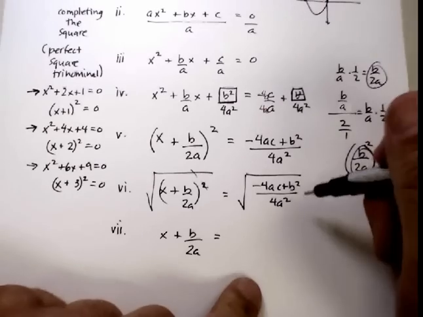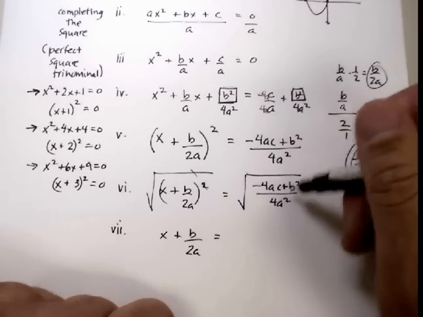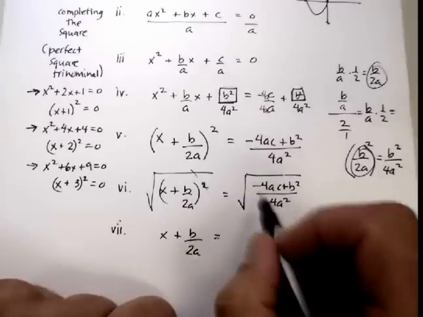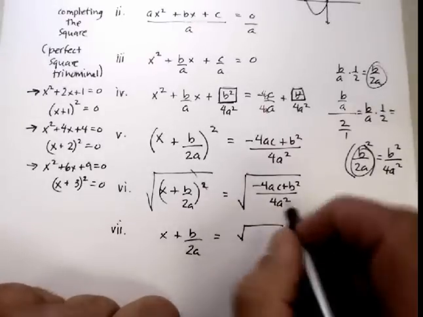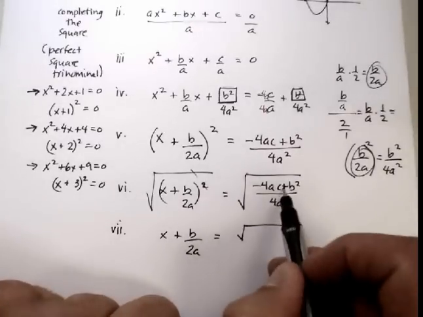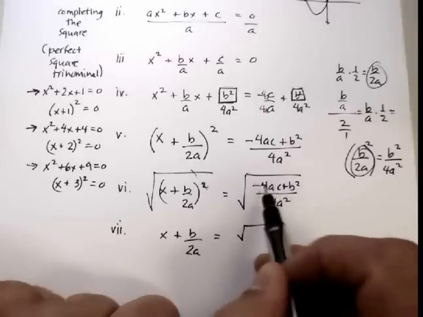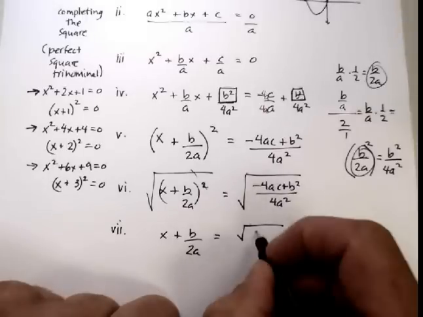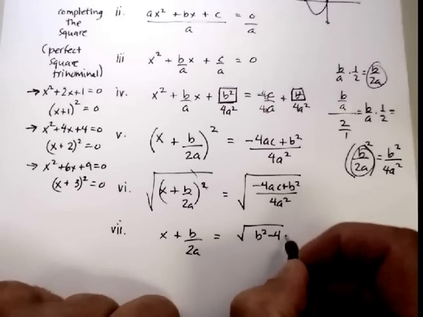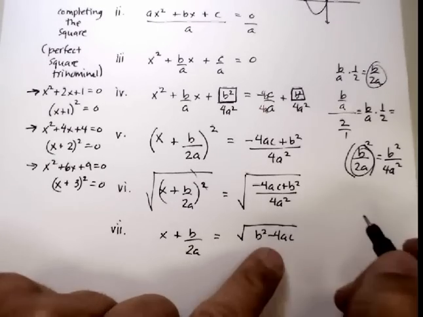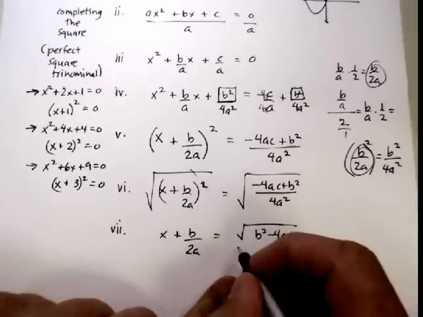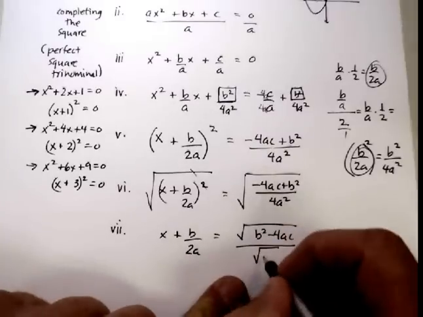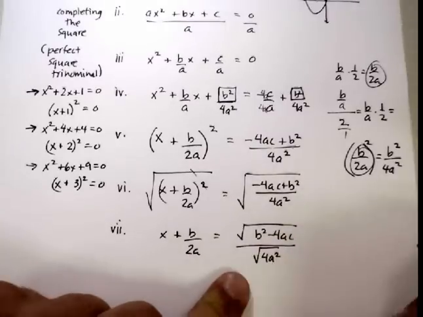Now on this side, we're going to have to take the square root of this very complex fraction, but what we can do here is actually just take the square root of the top part, and oh, by the way, since this is an addition, I can flip these back and forth, right? I can just say b squared minus 4ac, and remember, that is called the commutative property. You can actually flip those around. Over the square root of 4a squared.